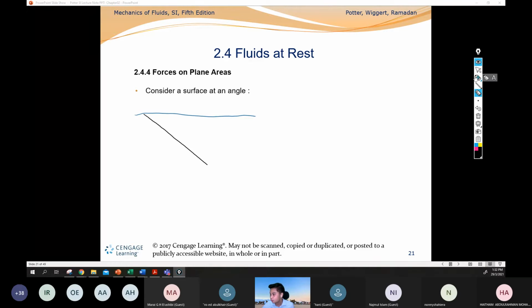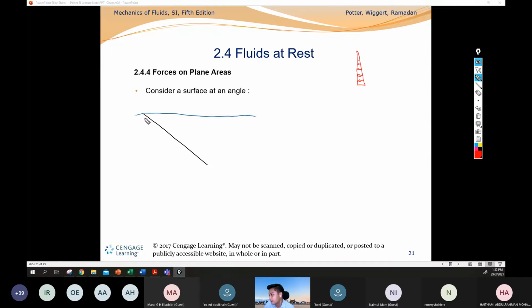So from here, what do you think of the pressure distribution, anyone? What will be the pressure distribution? The pressure increases linearly, the pressure increases with depth. From the previous one, this is the plane, and the pressure acts in this way.